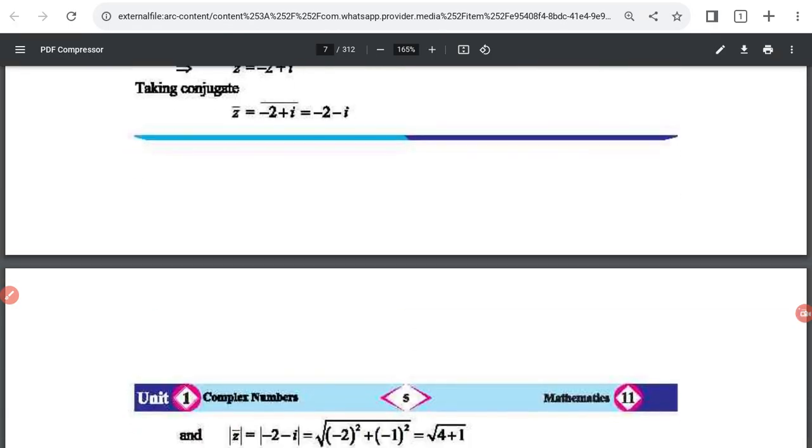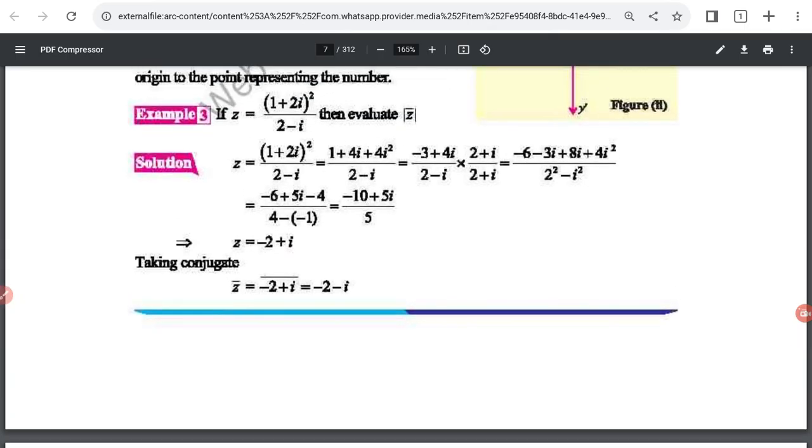So in example 3 we have, if z is equal to (1 plus 2 iota) square over 2 minus iota, then evaluate mod of z bar. Okay, so here we can say that z is equal to (1 plus 2 iota) square over 2 minus iota.